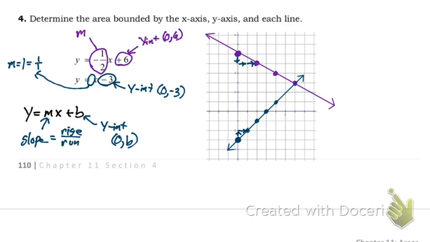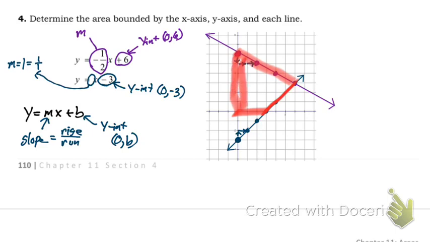All right, now let's look at what the directions say. I need to determine the area bounded by the x and y axis and each line. Your lines are going to form a triangle. So it's saying, look at this line and this line, the x-axis and the y-axis.